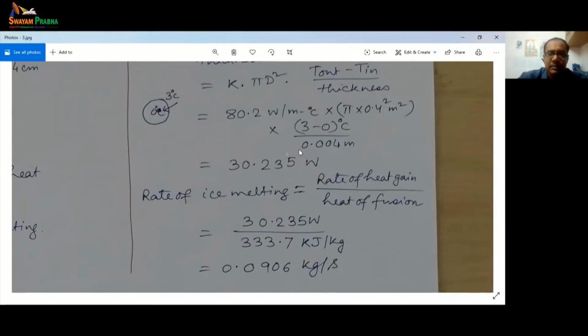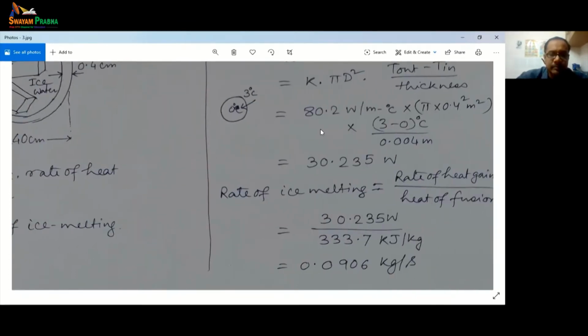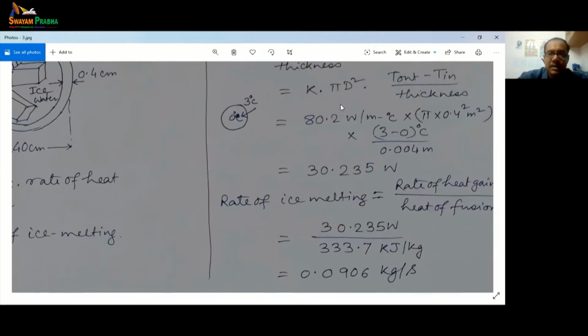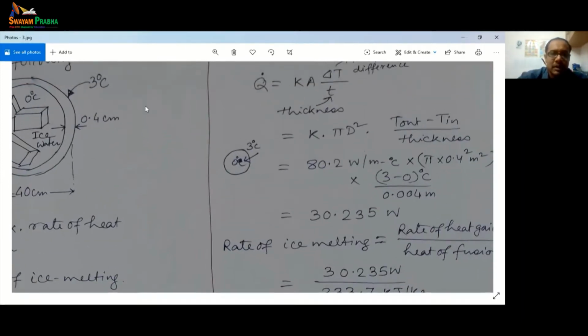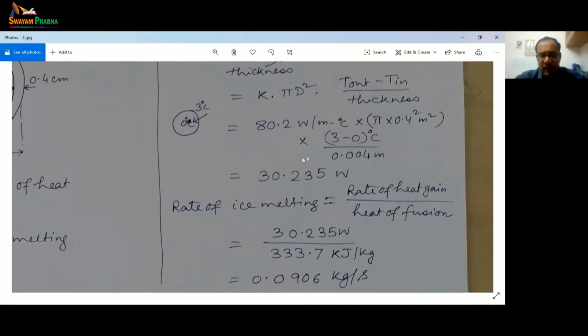So the rate of heat transfer here is 30.235 watt. And we are assuming it's a steady state heat transfer problem, because we are not assuming that this 3 degree centigrade is changing with time. Everything is staying the same, and under this condition the heat transfer rate will be 30.235 watt.